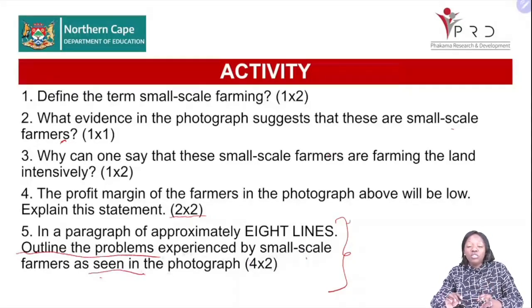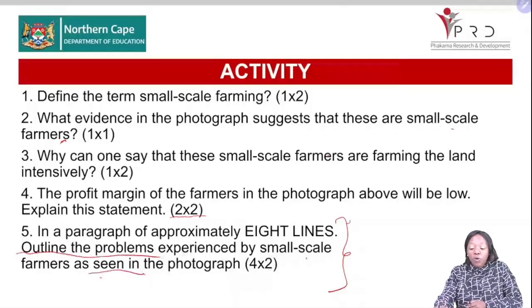So it is important to go through the photograph and identify those problems. So 4 times 2 again. I'm going to give you 10 minutes because there is a paragraph question, and then after 10 minutes we will be able to proceed to the corrections.